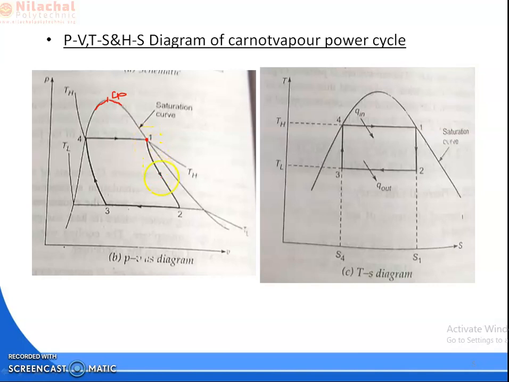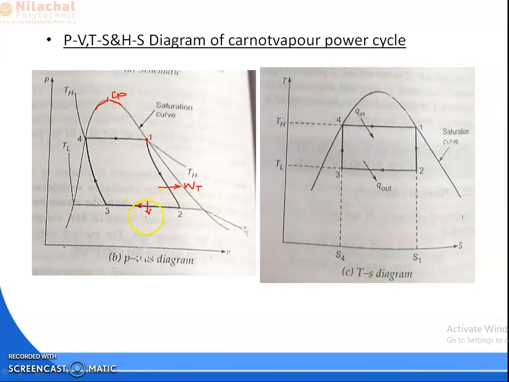So when it expands in the turbine, 1 to 2 is isentropic expansion in the turbine. When it expands, the volume increases from V1 to V2, and the pressure decreases from P1 to P2. What is 2 to 3? 2 to 3 is after the turbine exit. The wet steam will be sent to the condenser because of controlled condensation or heat rejection.